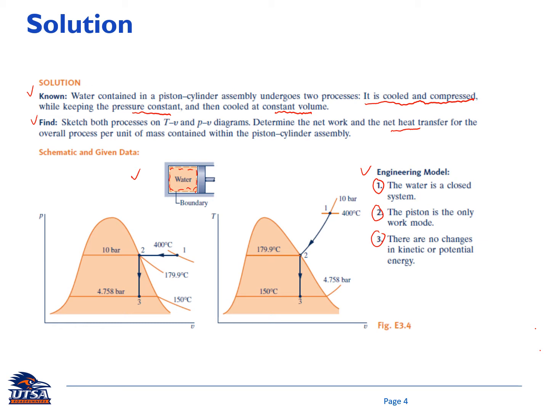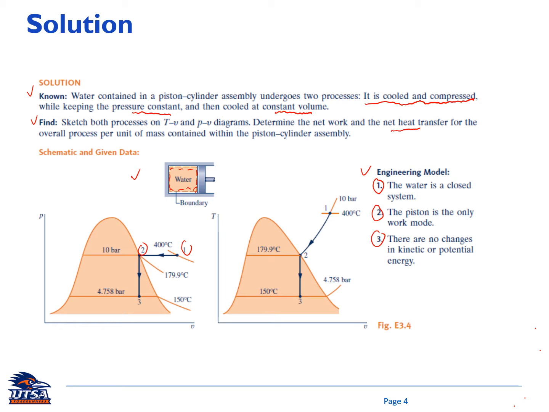So if I go back to this PV diagram, there's a compression process from state number 1 to state number 2, and state number 2 is at the saturated vapor line. So for sure, state number 1 must be on the right side of state number 2.